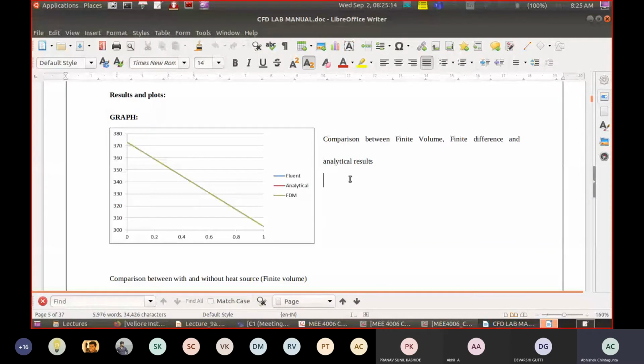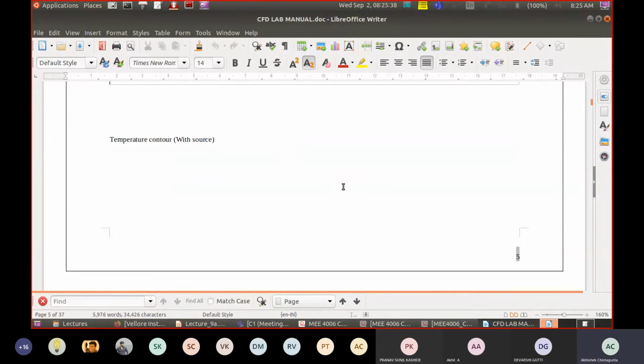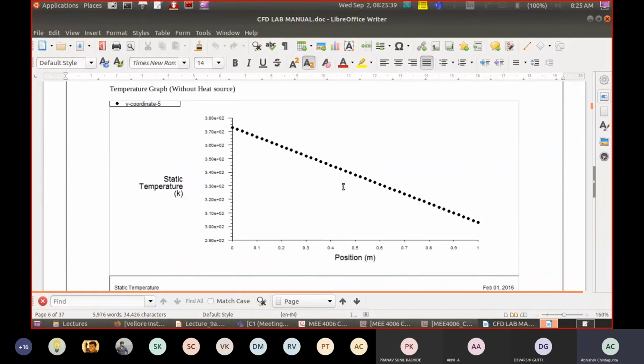These are optional. If you want to, you can put it, or if one of you runs the code and circulates the Excel file where you have all these points, it's fine. So you say that the Fluent solution and the finite difference method solution match with the analytical solution with a very good, or less, error percentage.